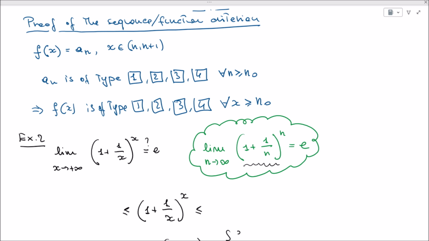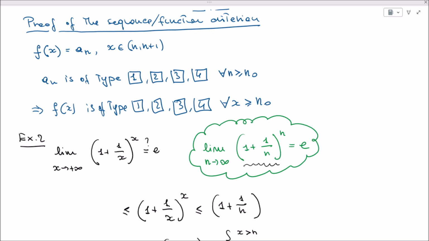This implies that x is going to be larger than n, and that x is going to be less than n plus 1. Now, how can we build on the right hand side a sequence which is larger than this? Well, we can keep 1, right? And instead of using 1 over x, we should put something which is larger, for example 1 over n.